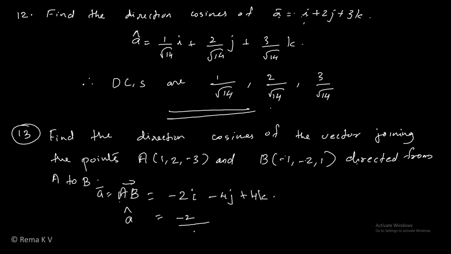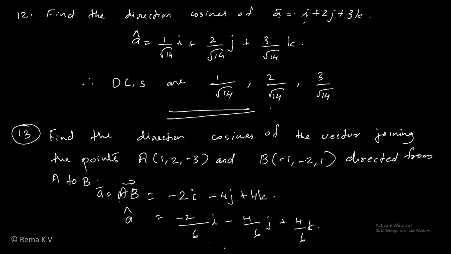It is 6. So A cap is minus 2 by 6 i minus 4 by 6 j plus 4 by 6 k.